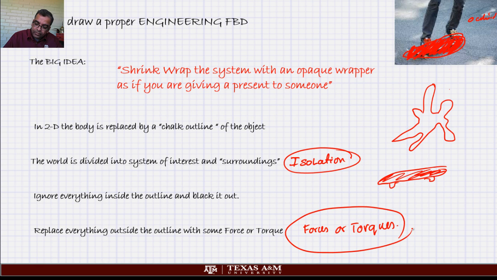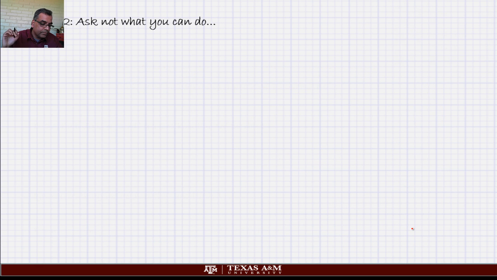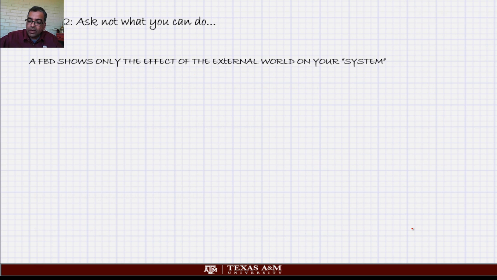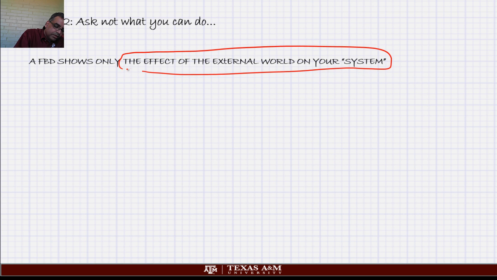Okay, so let's get to that. The idea is a free body diagram. A free body diagram is something where only the external forces, the effect of the external world on your system, is shown. So that means here is the side view of the free body of this skateboard. I don't care what's happening to the bearing, nothing. All of this is completely solid.